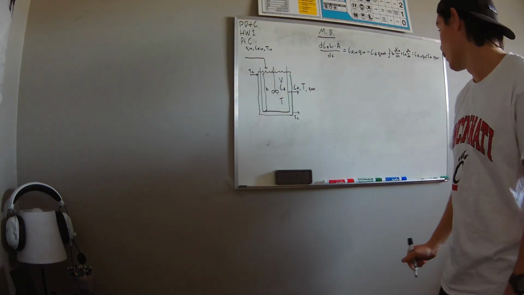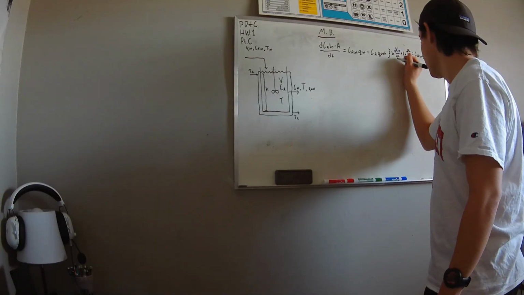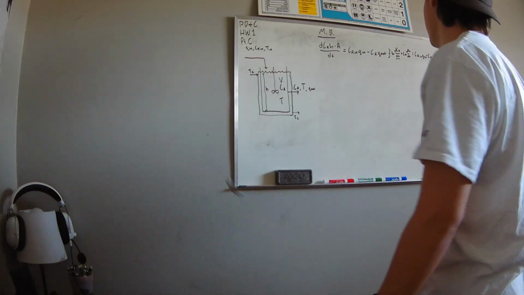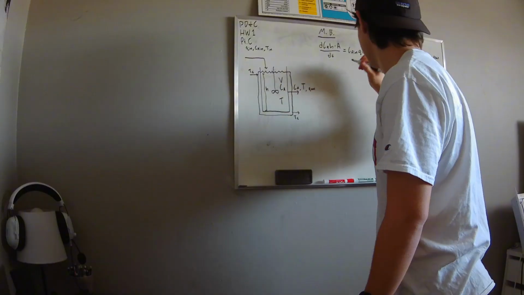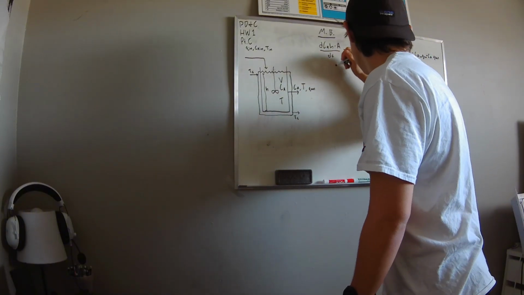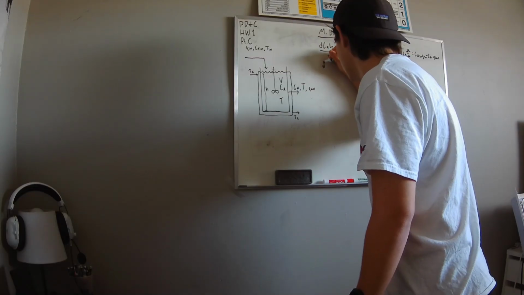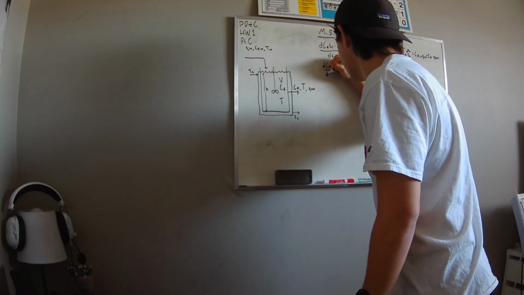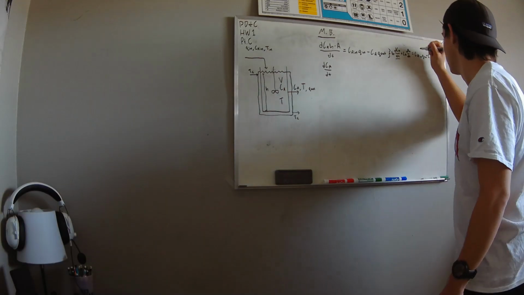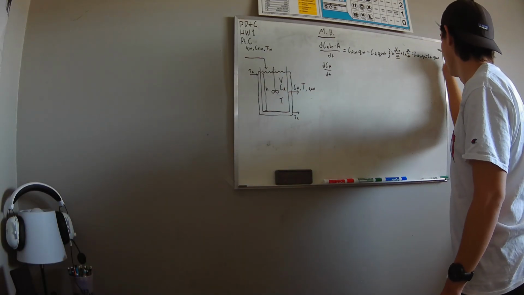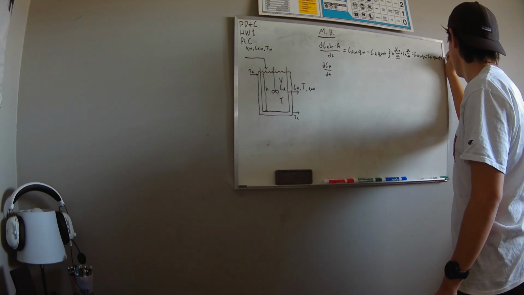From here, we need to isolate this variable, our change in concentration over time. So dCa dt. This is all divided by the area, by the way. Forgot that up here.